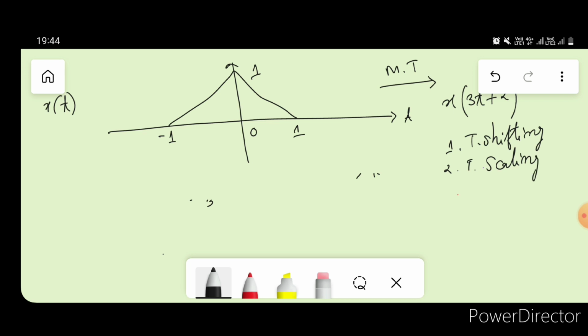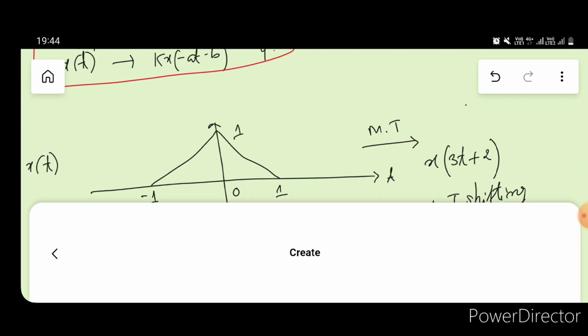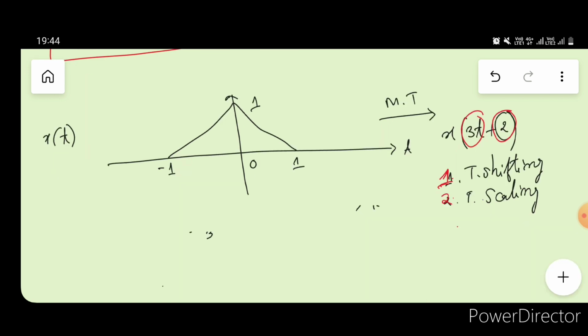Here we can see that our signal has only shifting and scaling operations. No reversal and no amplitude scaling is present here. So this is a simple example, and our priority order will consist of only time shifting and time scaling.